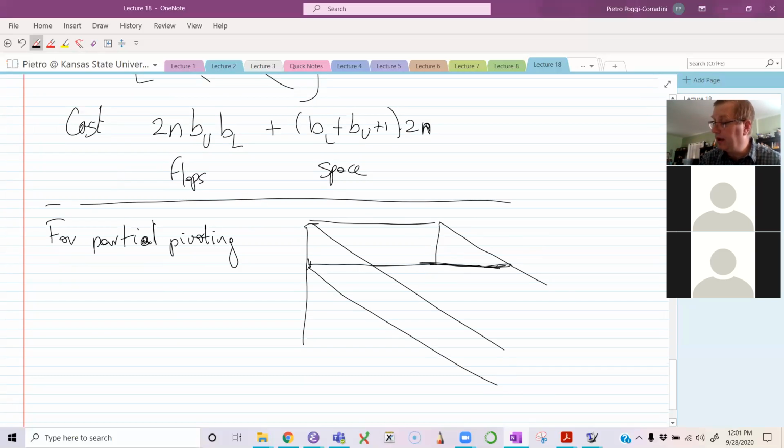Right, so this is a row at some point in my band matrix. And here is BU, this is BL. And so if I did swap, then I would add some non-zero entries up here.